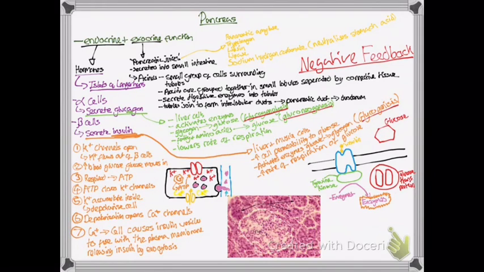The enzyme cascade causes the fusion of these glucose transporter proteins into the plasma membrane. So what we've seen here is this vesicle's bound to here, it's embedded the glucose transporter protein into the membrane, allowing glucose to enter the cell.